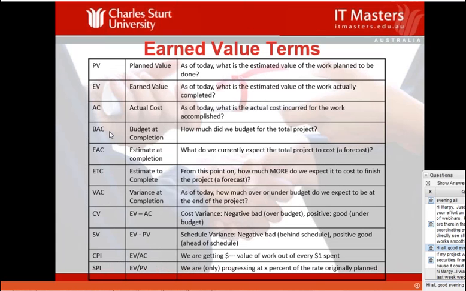We know what budget at completion is. Estimate at completion is what we expect to have spent by the time we get to the end of the project, which essentially is a forecast. How much do we expect to go from here to the end? How much additional funds do we need? Variance at completion: what's the difference between the original budget at completion and what we're actually going to spend? And then you've got the other calculations there.